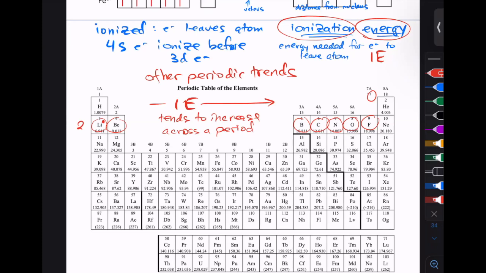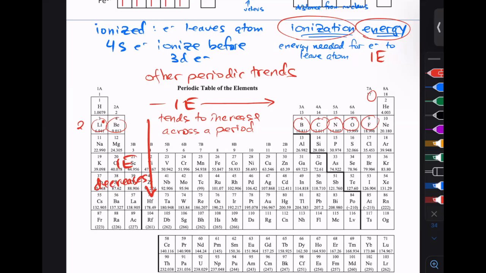Also with ionization energy, the trend is that when you go down a column or down a family, the ionization energy is going to decrease. It takes less energy to remove valence electrons if you're going down a particular column.